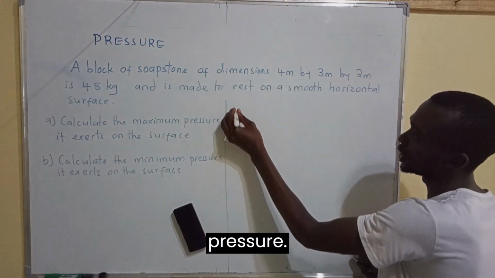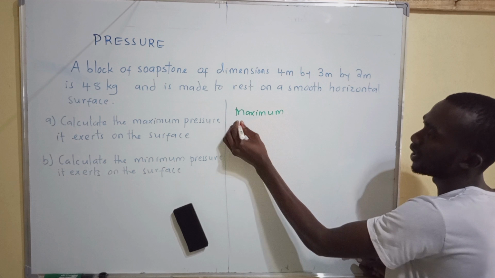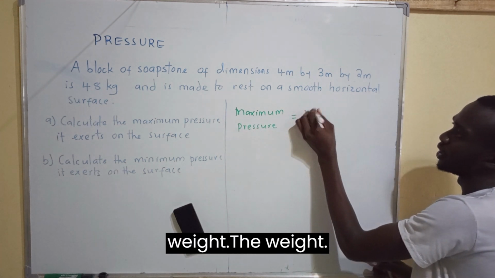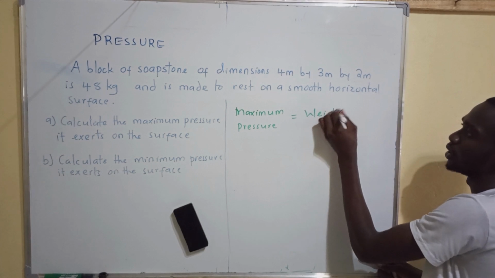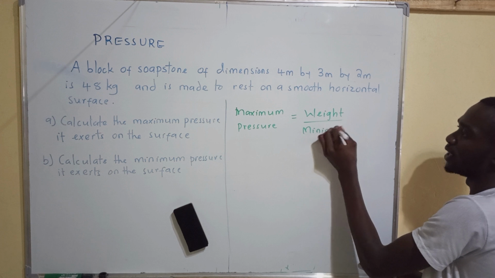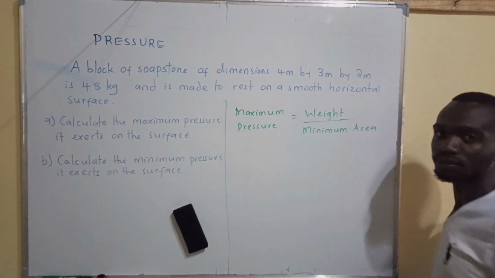So the maximum pressure is equal to the weight over the minimum area. Weight divided by the minimum area.